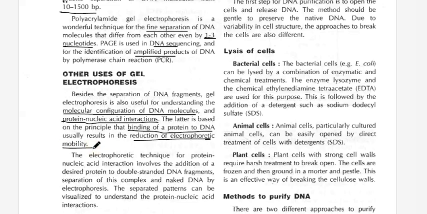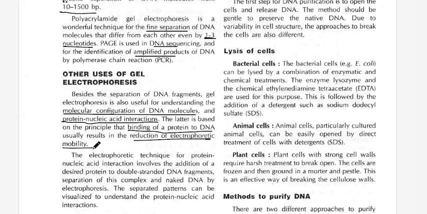If we want to know whether a protein is binding to our target DNA or not, we will run the DNA as well as our sample where DNA is in contact with protein. If it is in contact with protein, it will be larger in size, so it will be towards the upper side of the gel.